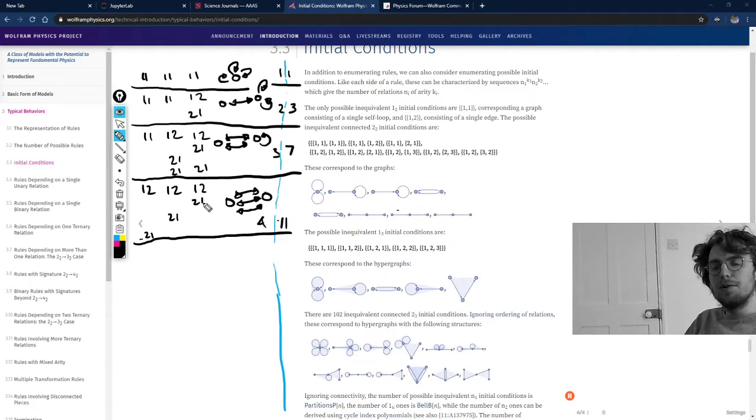Oh wait, no. I think we've only got 3 of these. And it's basically 3 of them go in that direction, 2 of them go in that direction, and 1 of them goes in that direction. So that's 2, 1.